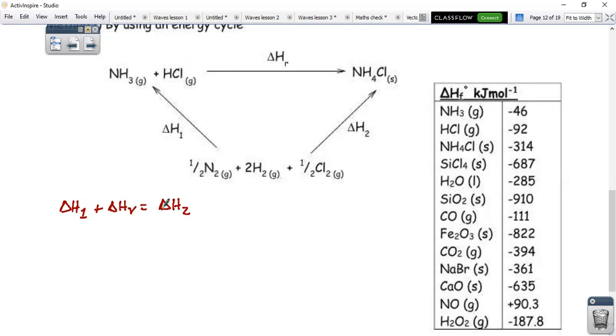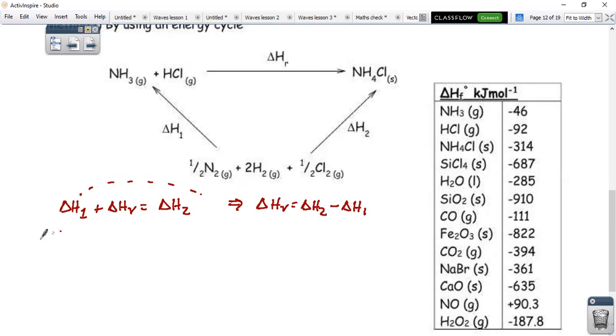So the next thing now is I literally need to start looking, because what I've been given here is our values of enthalpy of formation. So I can move this to the right-hand side, which would give me delta HR equals delta H2 minus delta H1.